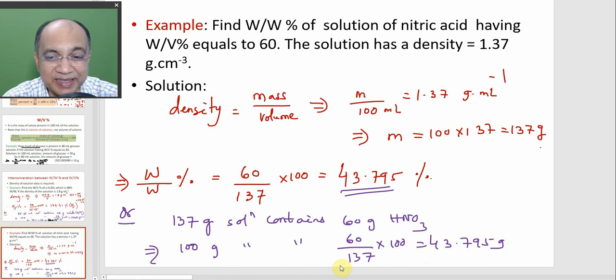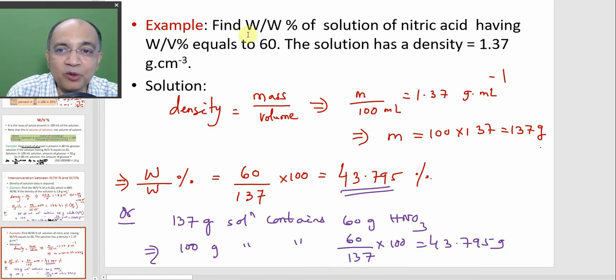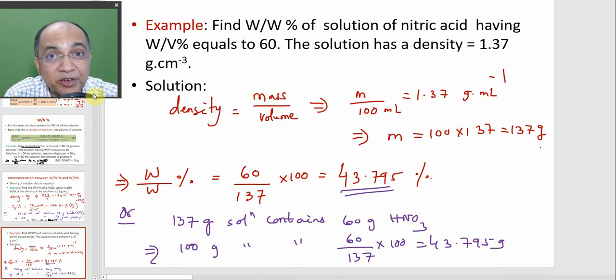Now take this example. Find the W by W percent of a solution of nitric acid having W by V percent 60. Here opposite data is given. W by V percent is given and you are asked to find out W by W percent. In either case you have to have density data.